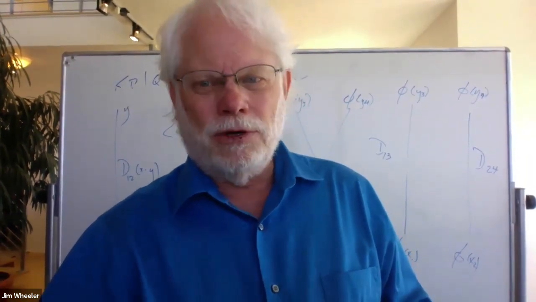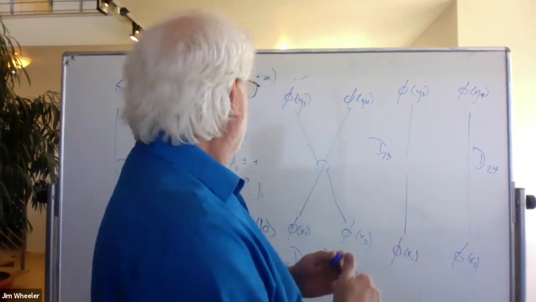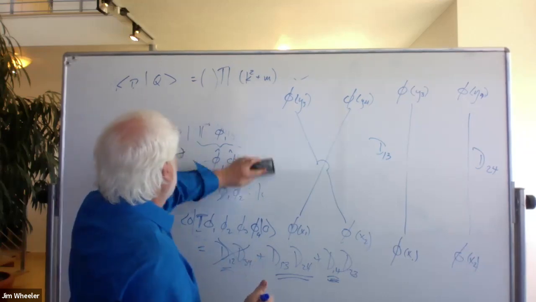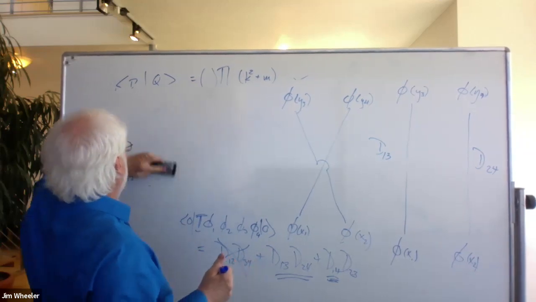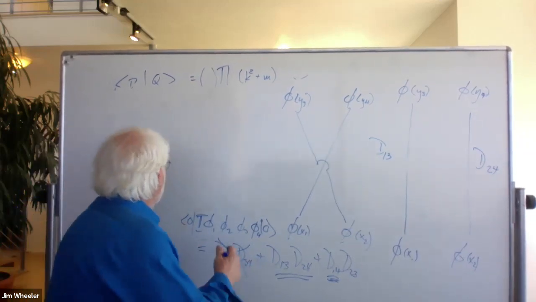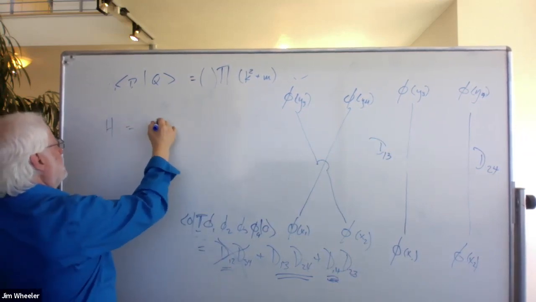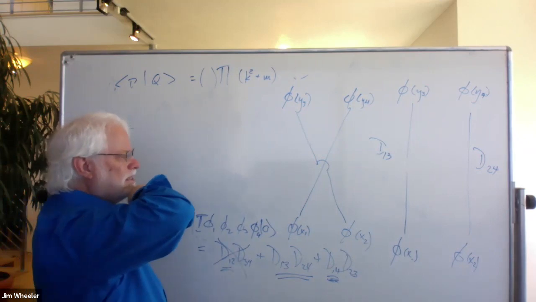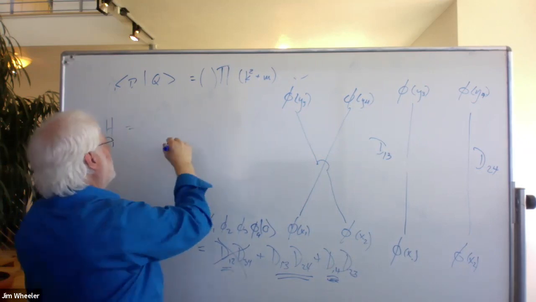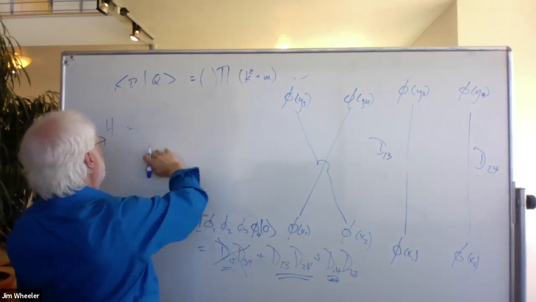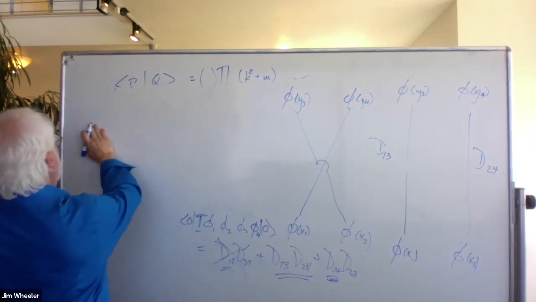But let's suppose we have one of two interactions I want to consider, phi cubed or phi to the fourth. So our Hamiltonian is going to be something like, well, let's see, what does the Hamiltonian look like?